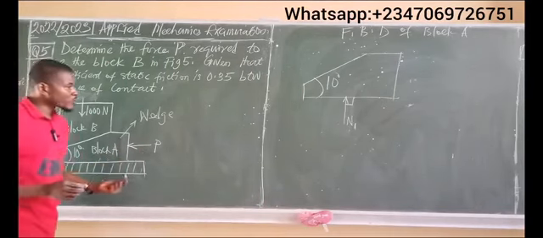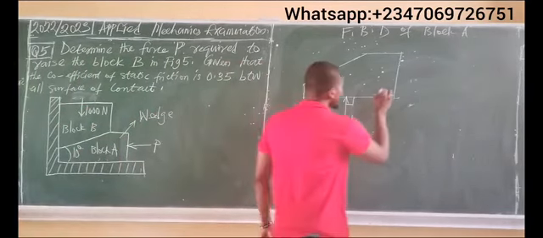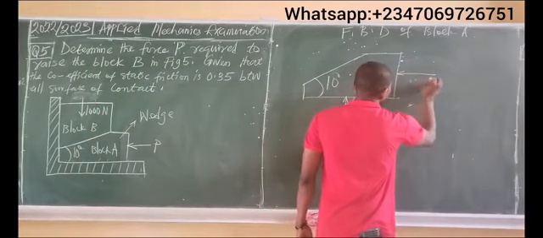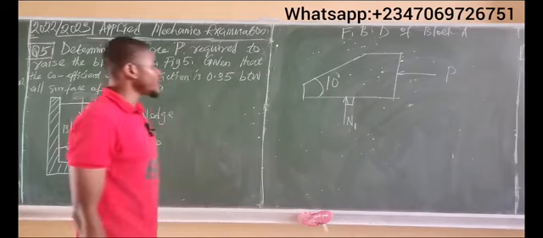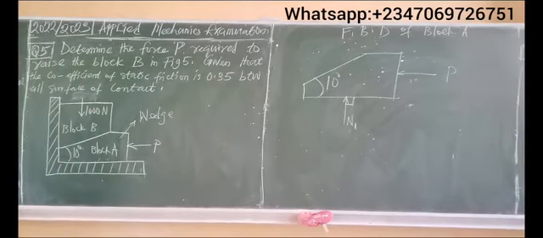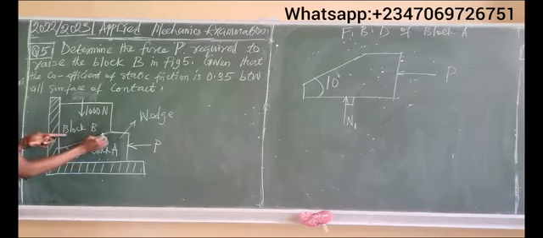Similarly, we have a force P here. So you indicate there's a horizontal force here, and the magnitude is P, unknown. And also, we have block B resting on block A. They are making contact at this surface.